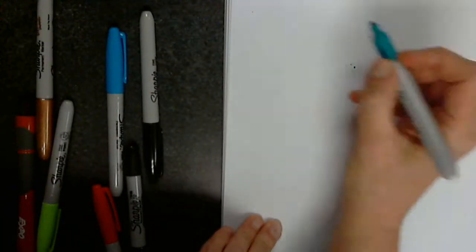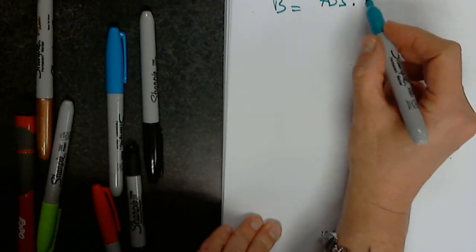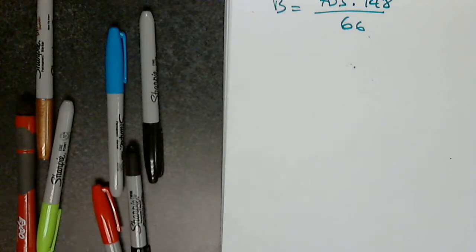With a graphing calculator, 703 multiplied by 148 and divided by 66 squared. Careful. So let's plug it in. Sorry, I should have had it ready.